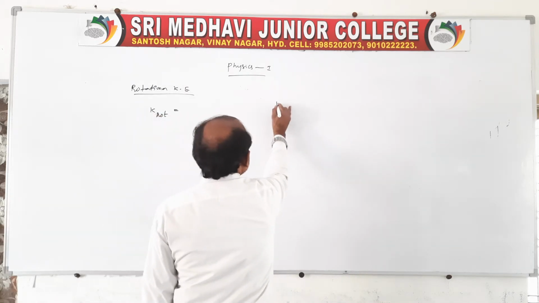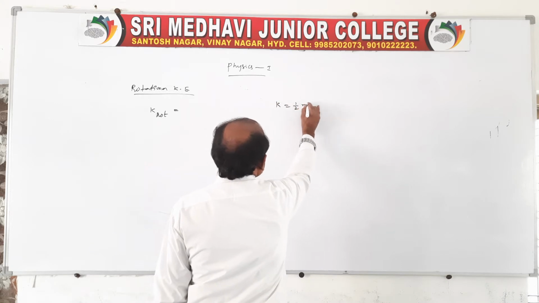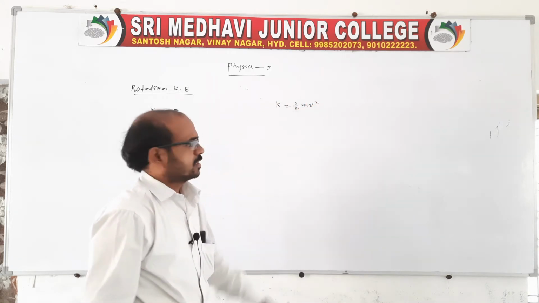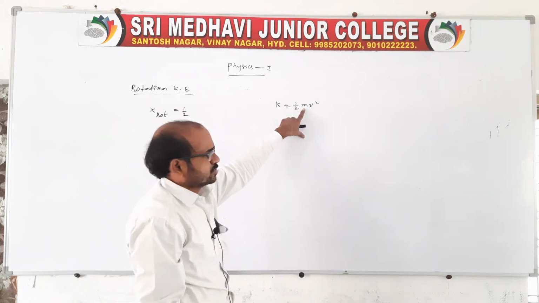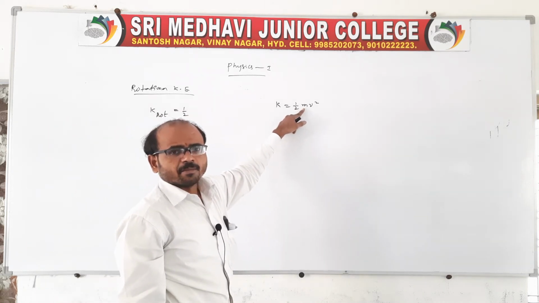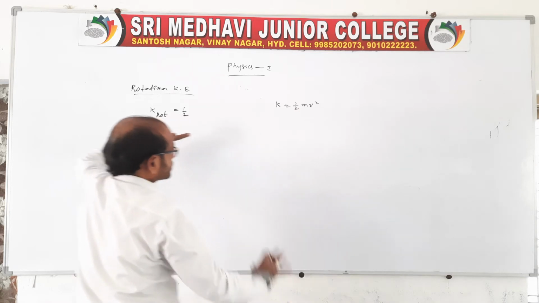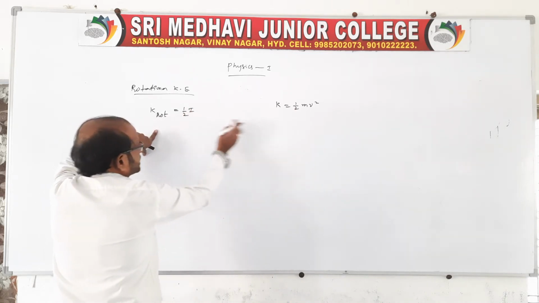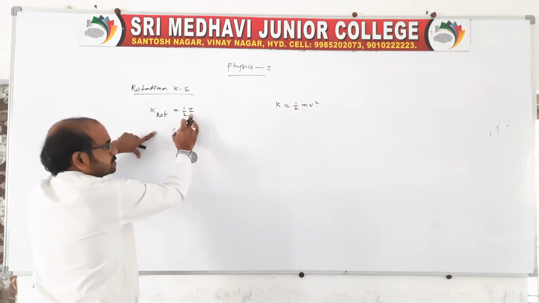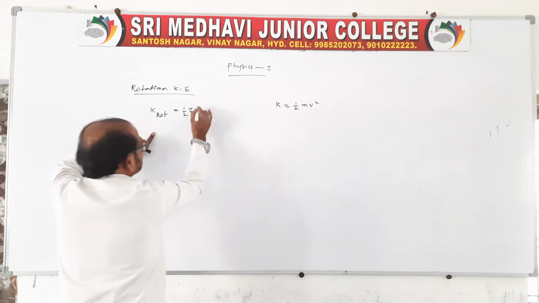In case of translation, it is half mv square, or linear, we know this. Half, as it is, you take half. Here m, I told you just now in the previous class, mass we can replace with moment of inertia, because moment of inertia depends on mass and distribution of particles. So we can replace mass with I. Here v is there, of course it is the angular velocity.